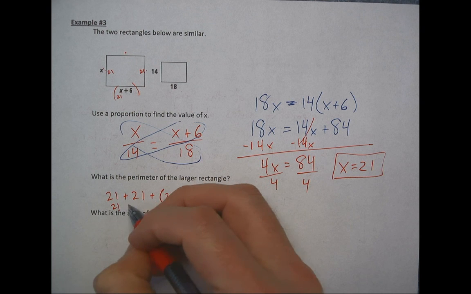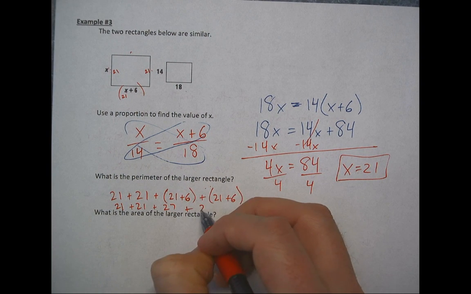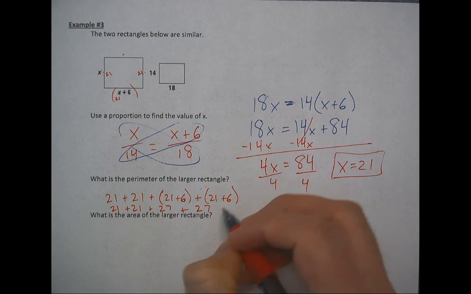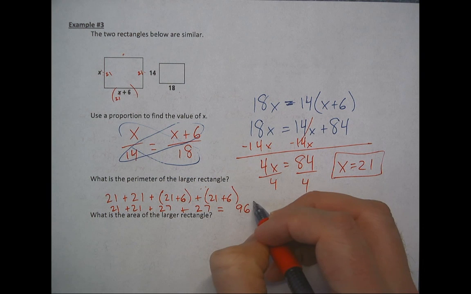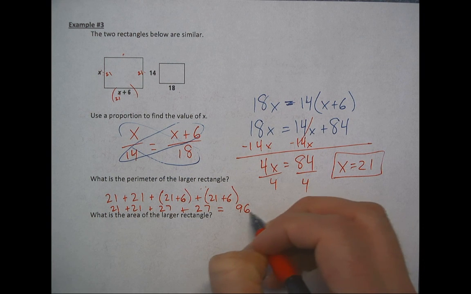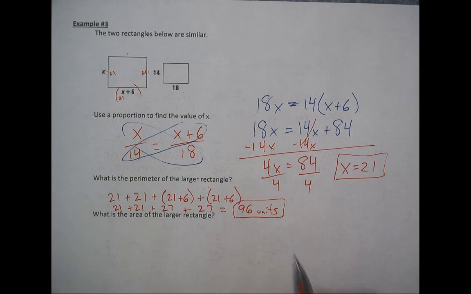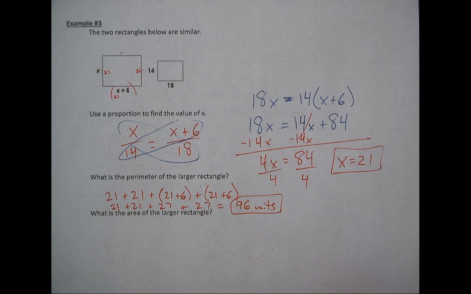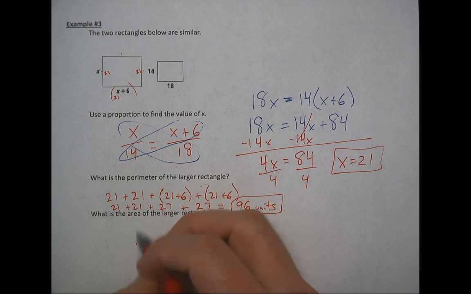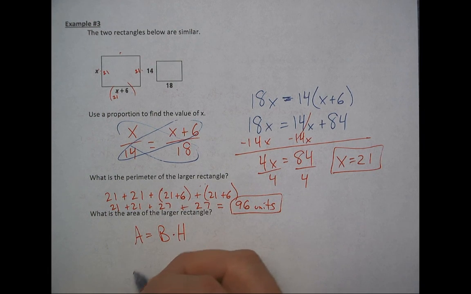You don't need to write it that way. You could just put 21 plus 27 plus 27. Nothing wrong with that. For a total of 96. Now, we don't have feet, inches, anything like that. It's just 96 units of something. And then for your area is just base times height.